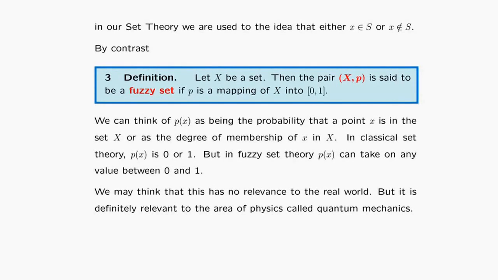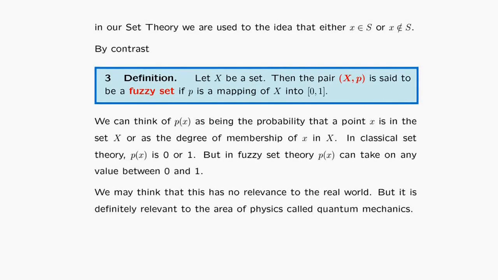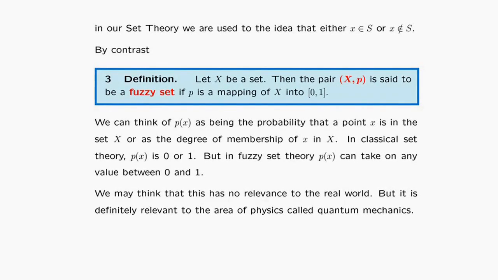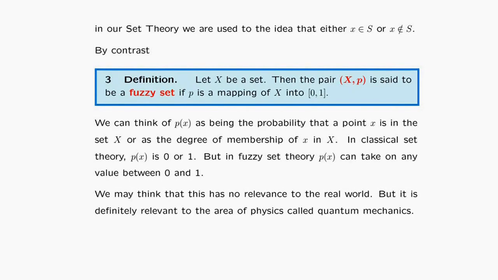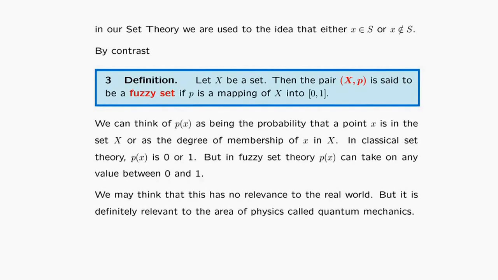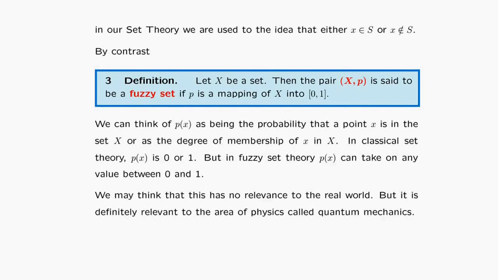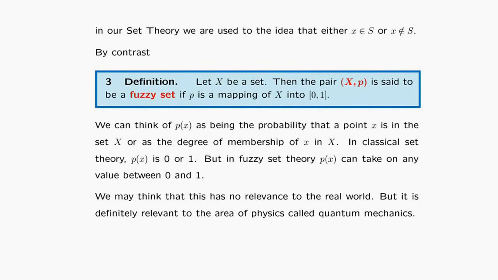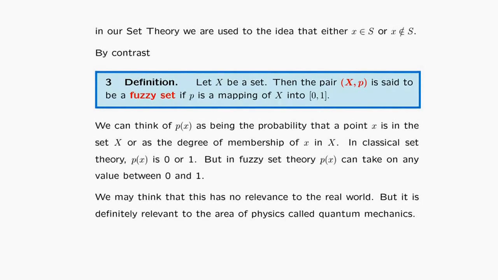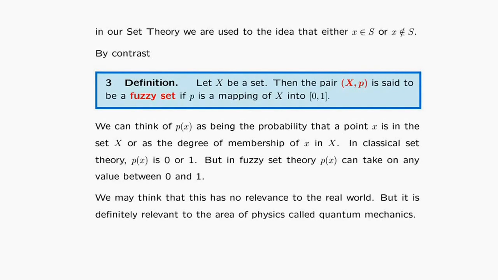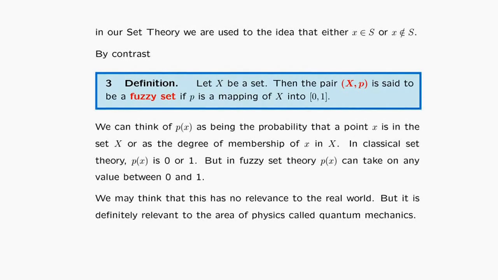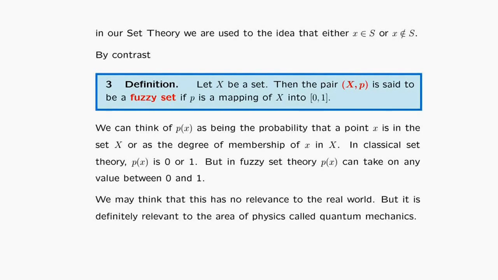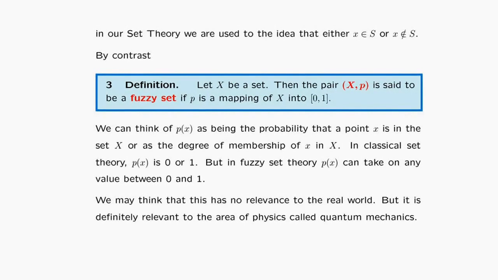We can think of P(x) as being the probability that a point x is in the set X, or, better still, as the degree of membership of x in the set X. In classical set theory, P(x) would be 0 or 1, but in fuzzy set theory, P(x) can take on any value between 0 and 1.